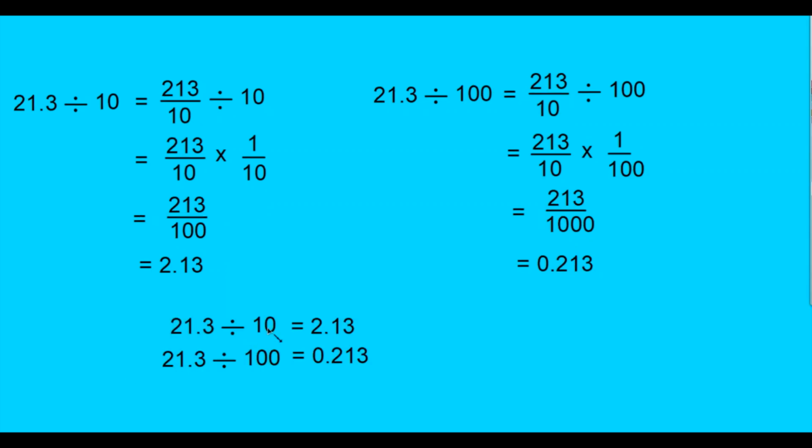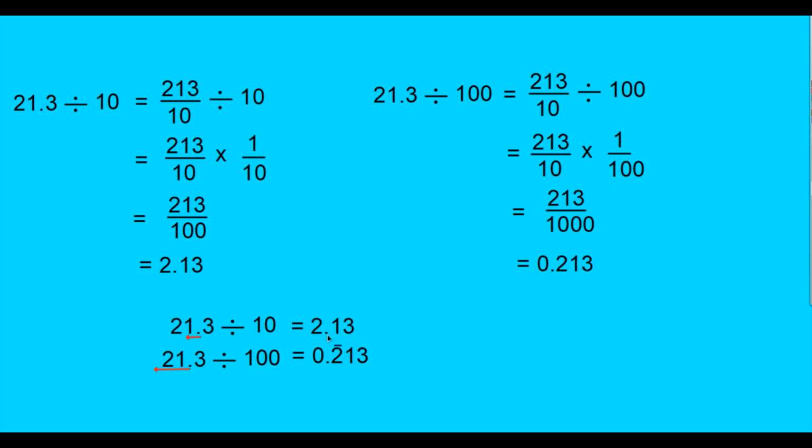Now let us check the results. When we divided by 10, what happens to the decimal place? The decimal place goes one division backward. So you get 2.13. When divided by 100, what happens here? The decimal place goes two divisions backward. So it is 0.213.